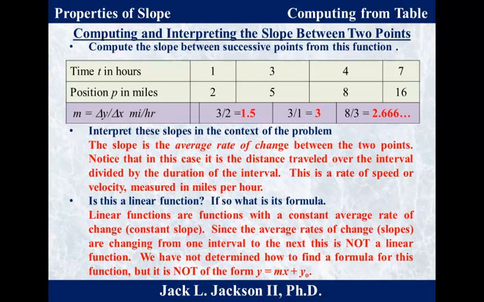So in other words, our average speed from time t equals 1 to time t equals 3, over that 2-hour period, we averaged 1.5 miles per hour. Okay? From time 3 to time 4, we averaged 3 miles per hour. And for the last one, from 4 to 7, we averaged 2.66 miles per hour.